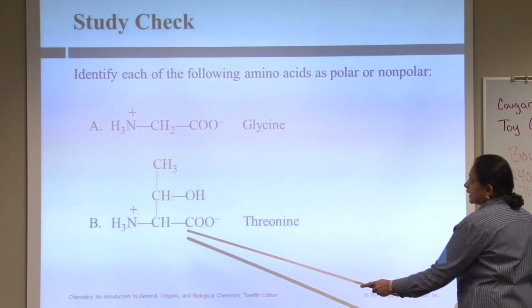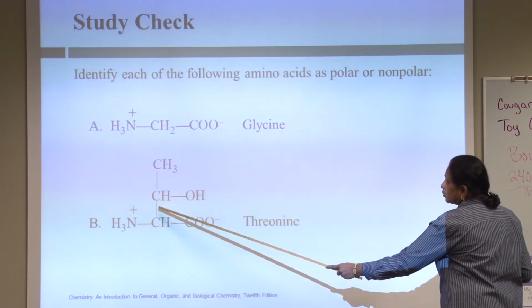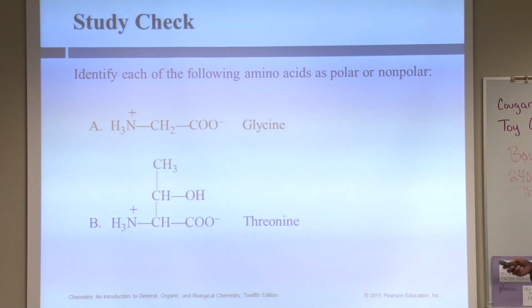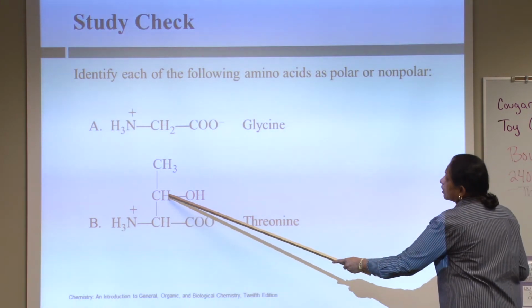If you are looking at an alpha carbon connected to a R group with a hydroxyl, ethyl, carboxylic group, any of those, you are looking at a polar amino acid. So polar, nonpolar is based on this R group.